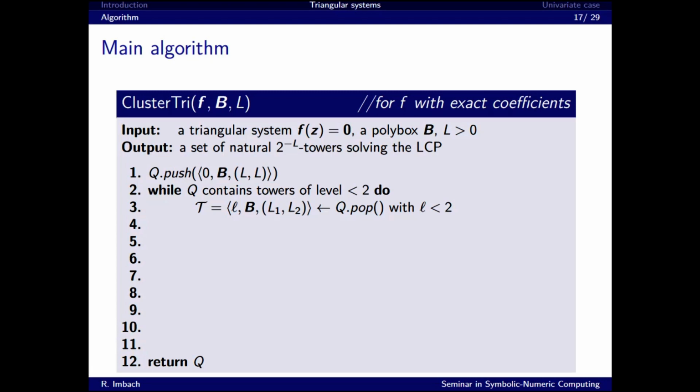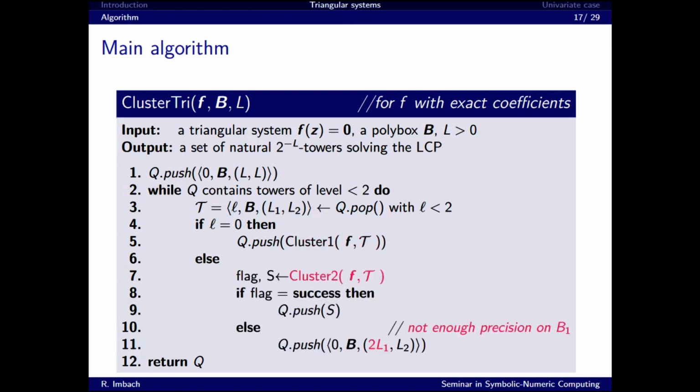So we form a first tower at level 0 with domain B and vector of precision L. And then we push this tower in a queue, and while this queue contains towers at level less than 2, we pop such a tower, and then if the level is 0, then we lift it to level 1 with our function cluster1.